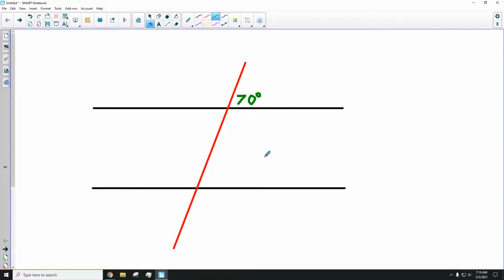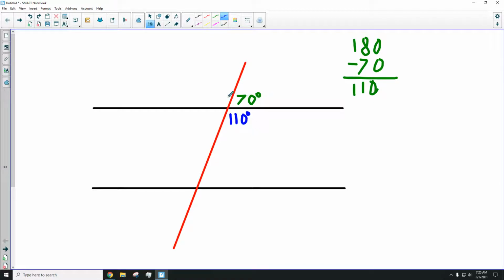Essentially what that means is that this angle beside the 70 right here, these two have to add up to 180, so I can do 180 minus 70, get 110, and then I know that this angle here, I'll use a different color, is 110 degrees.